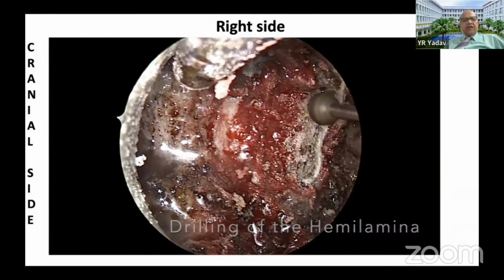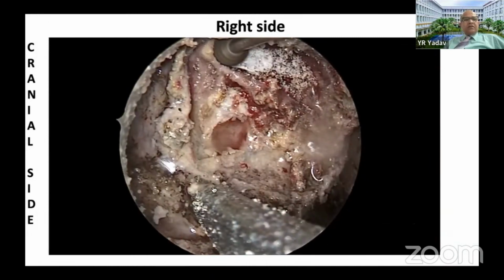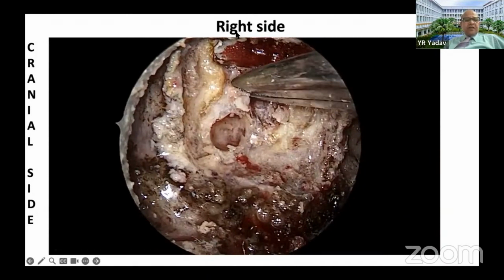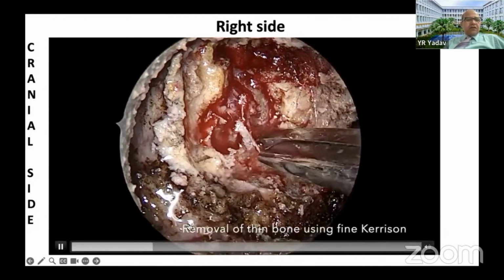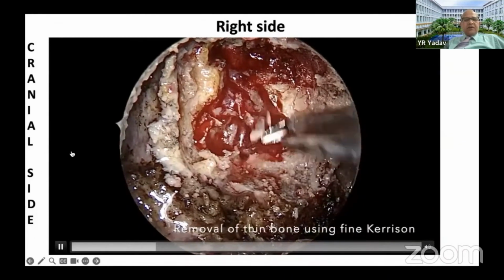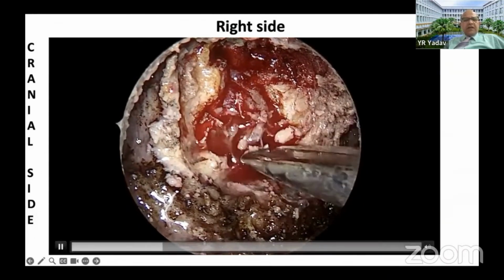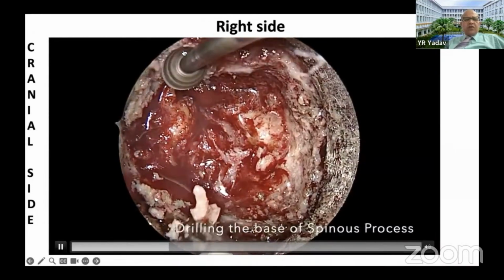So axial drilling of the lamina. This is the right side, the ipsilateral side towards the facet joint, the cranial side. The lamina is being removed after axial drilling, and now I am going to the opposite side.